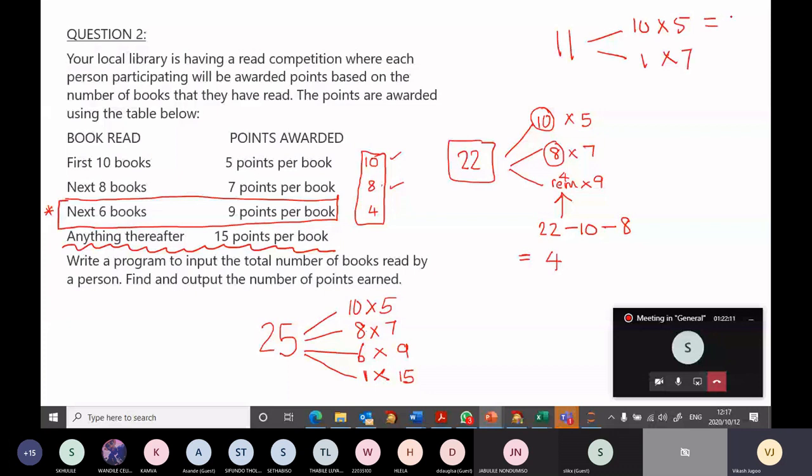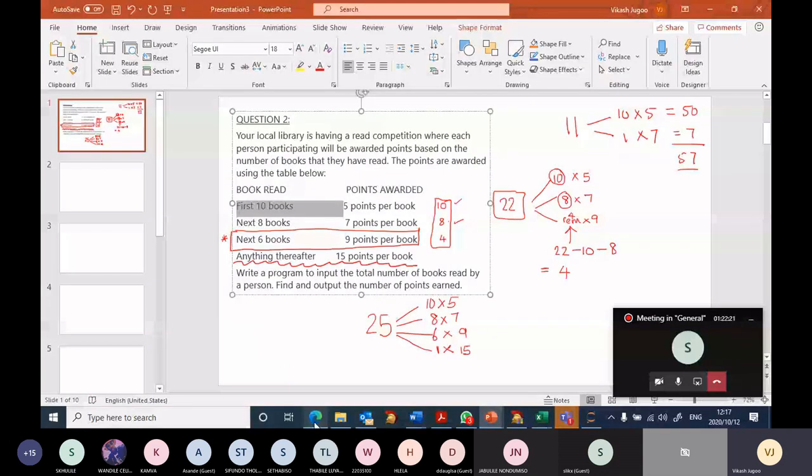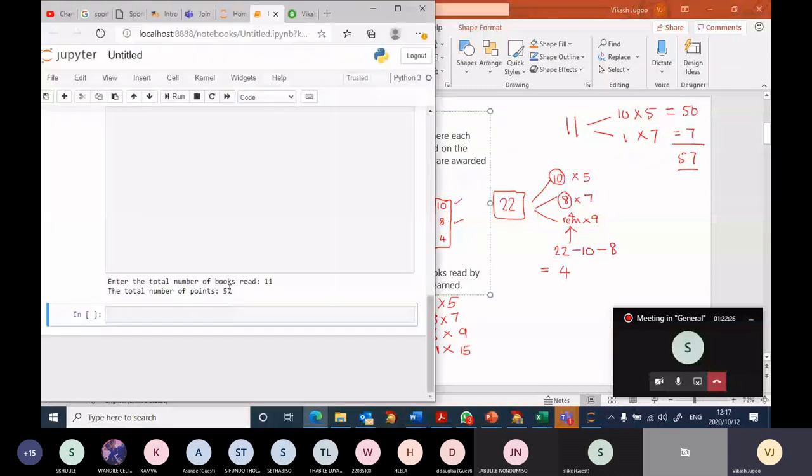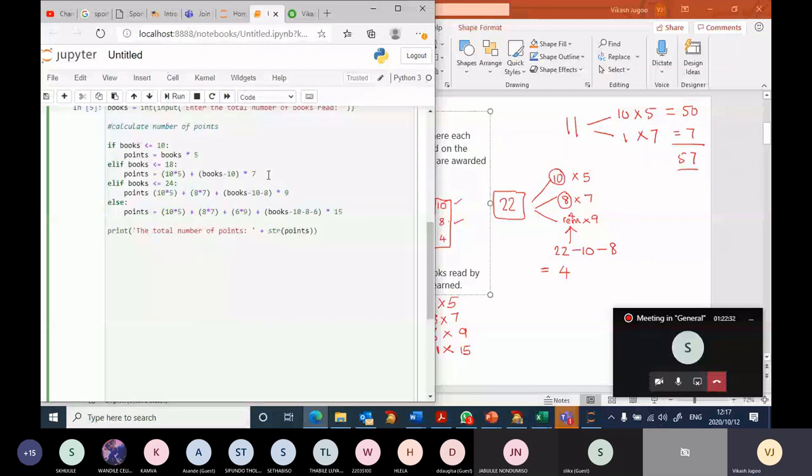So this is 50, this is 7, giving you a total of 57. Let's see if we get the same answer. I'm going to enter 11 books, and the total number of points, there it is, 57. It works because that is going into this second case.